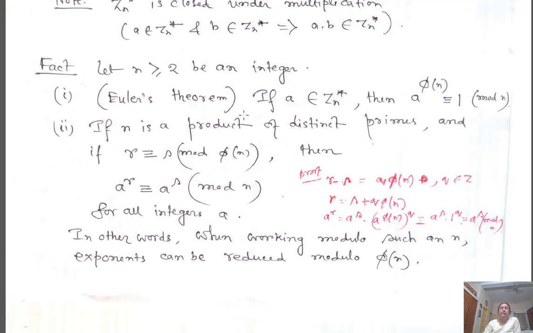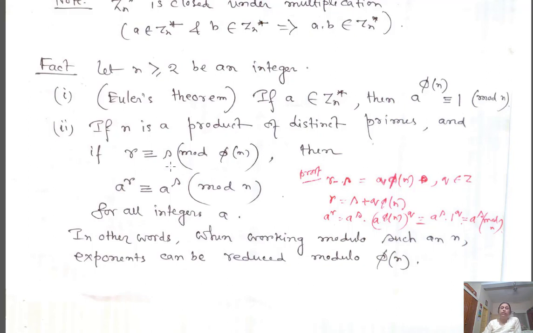That is Fermat's little theorem, and this is the generalized version. If A and n are co-prime, n now taken to be composite, then A to the power phi n, when you reduce this modulo n, you will always get 1.